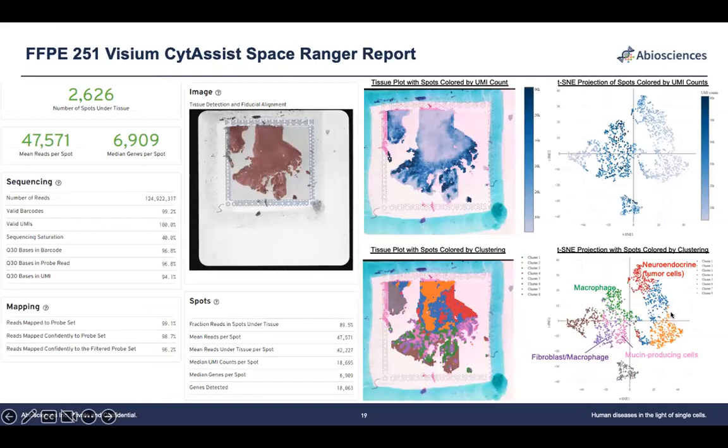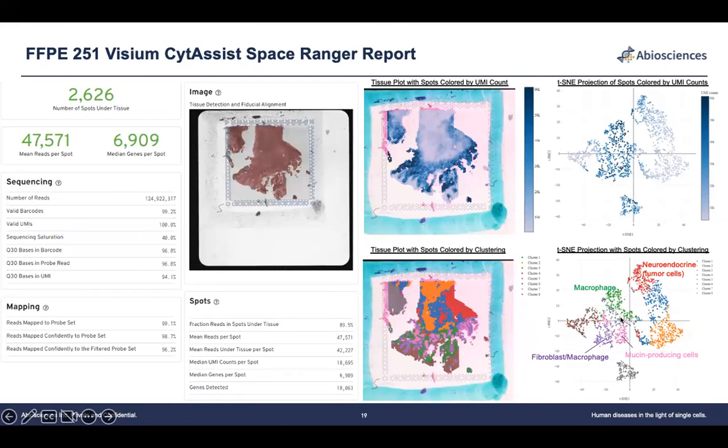For example, here, even though this is a gastric tumor, which they annotated as adenocarcinoma, we are finding genes that are likely representing neuroendocrine features of the cell type clustered in this group here.